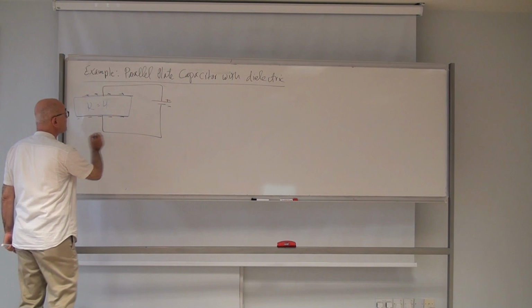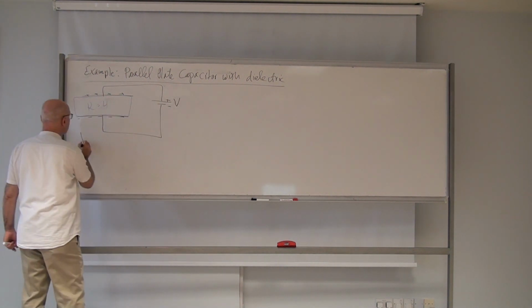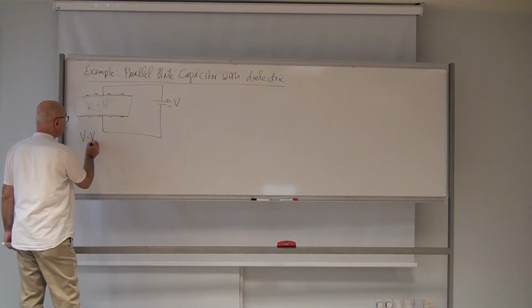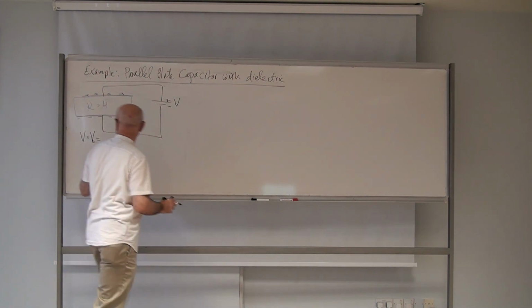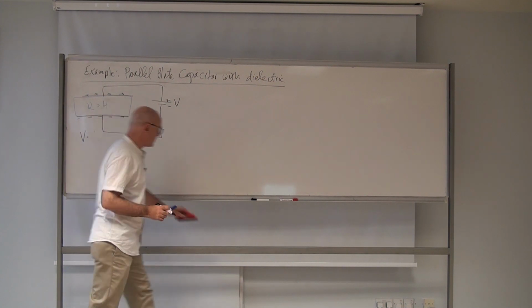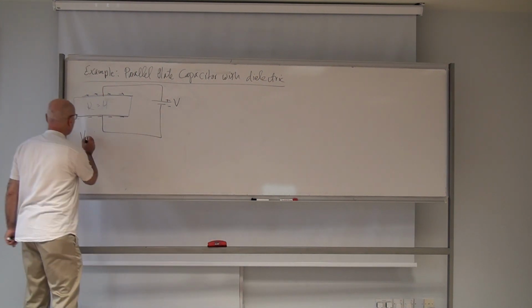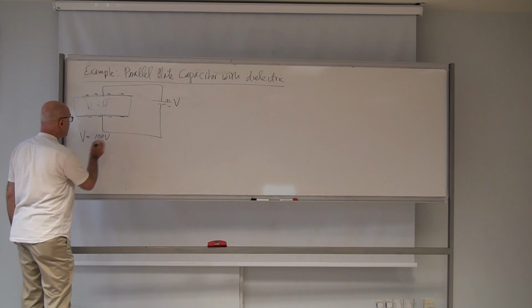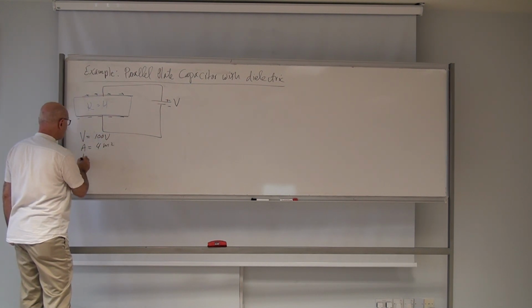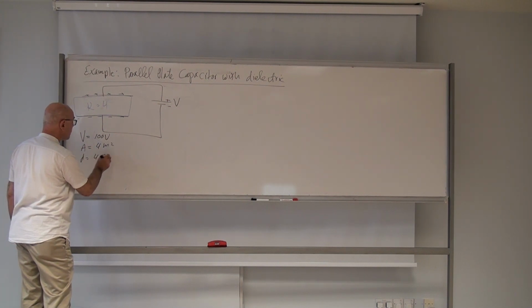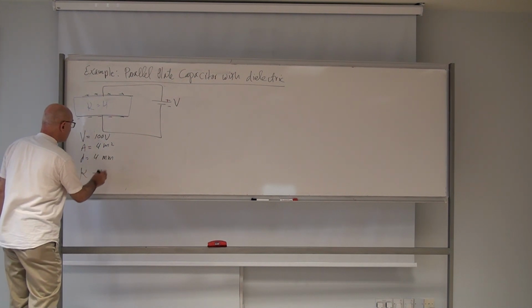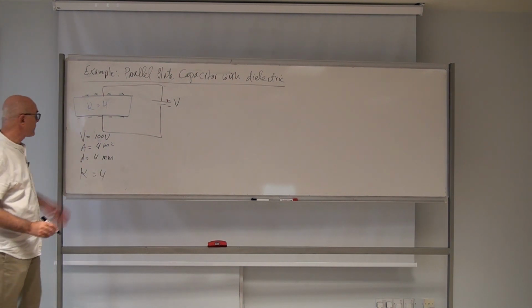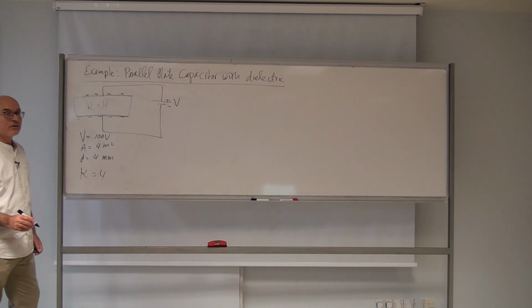What we are given is that the potential of the battery, which I call V, not V naught here, sorry, just V, is 100 volts. The area of each of the plates is 4 meters square, the separation of the plates is 4 millimeters, and kappa is equal to 4. So this is the situation I have.